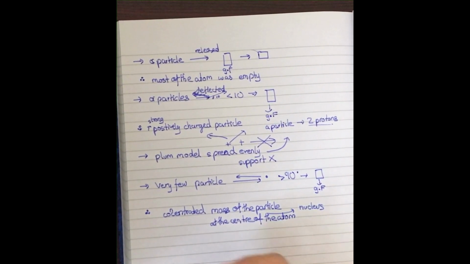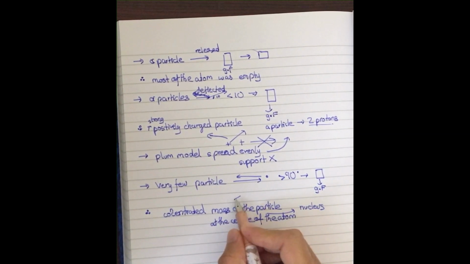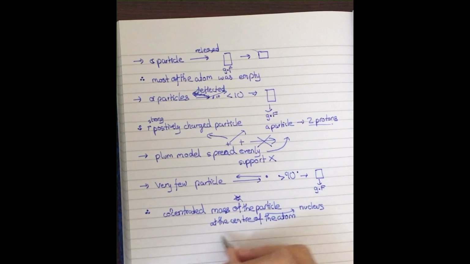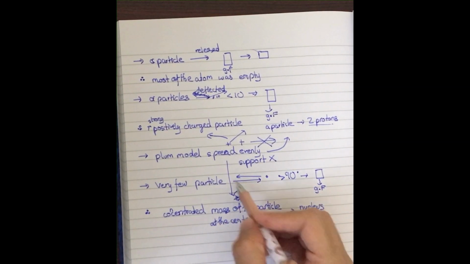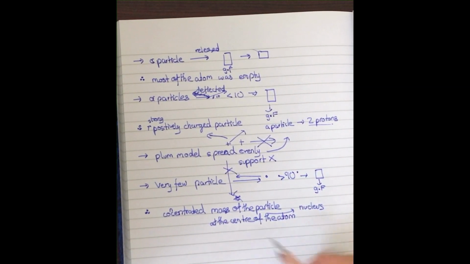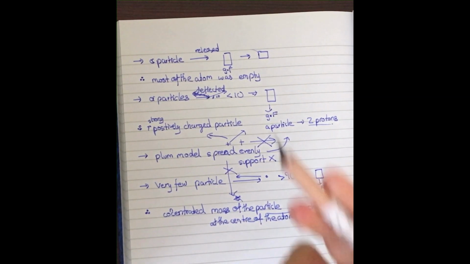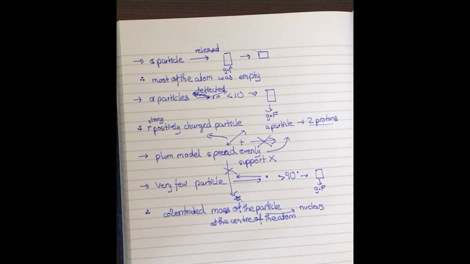But we know from the plum model that they are spread evenly, so it also doesn't support this conclusion from the experiment. So that's why we can say that this did not fit the plum model, as this deflection requires a higher concentrated mass, right?